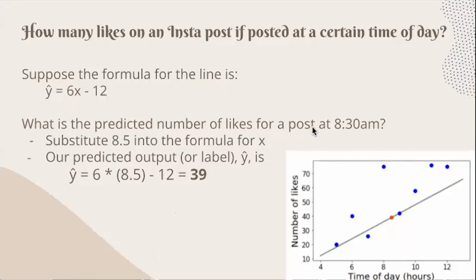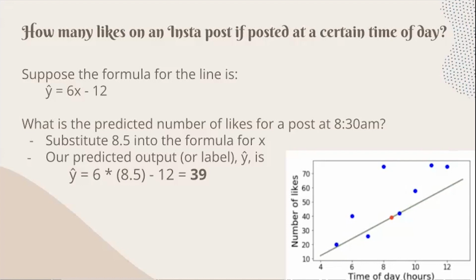So here's a quick example of linear regression. If you have the formula of the line as 6x plus 12, that means that the y-intercept is at positive 12, and for every 1 hour increase, there is a 6 like increase.